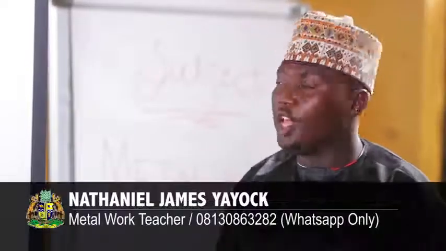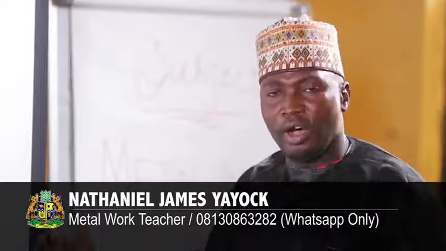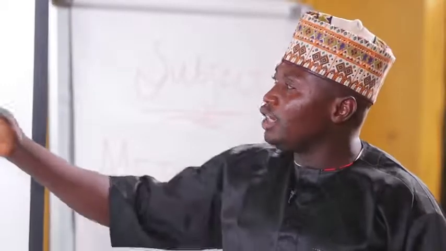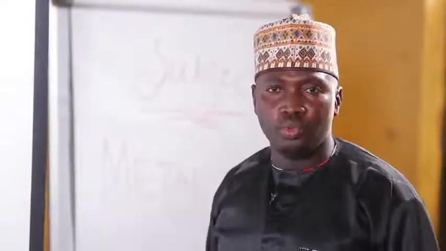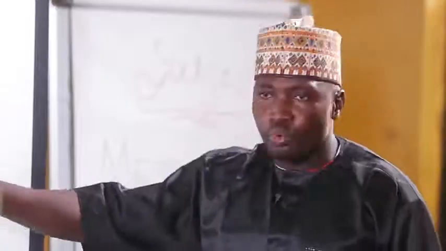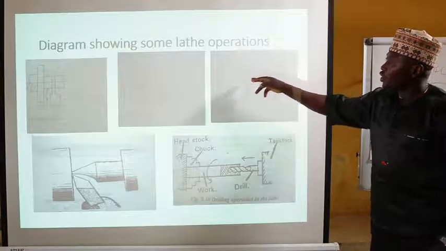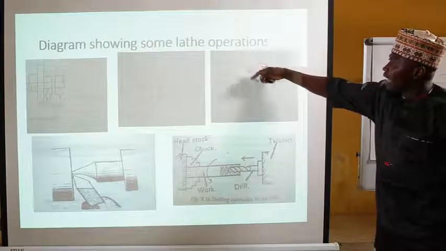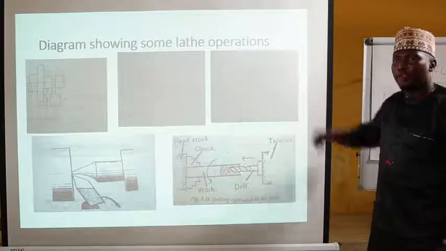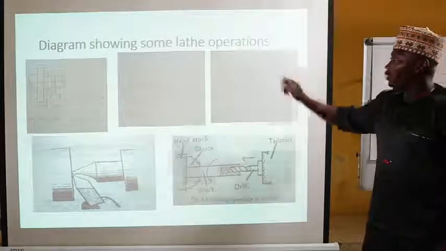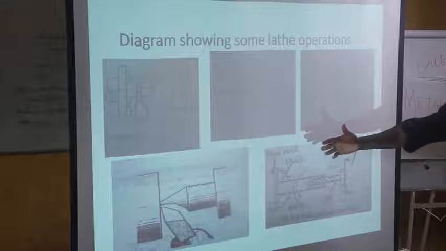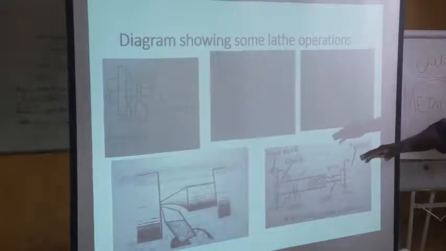Like I said earlier on, if you are working on the lathe and you have to work between the two centers, the headstock center and the tailstock center, the workpiece is in between the two centers, while the tool is used on the workpiece. If you look at the diagram here, there is an impression. This impression is what we refer to as knurling.